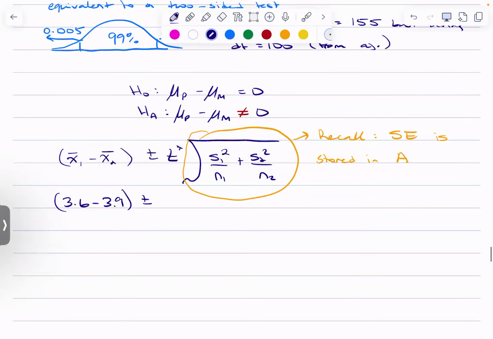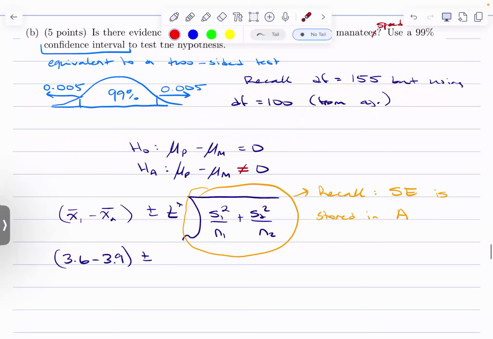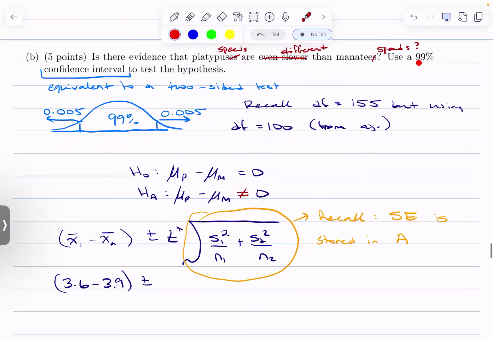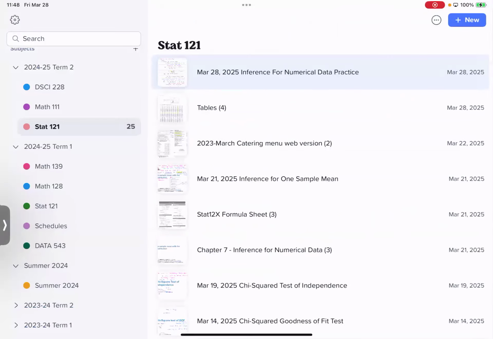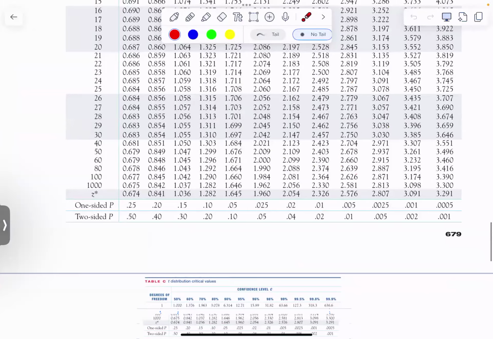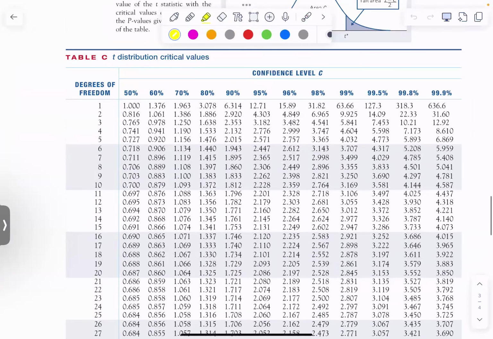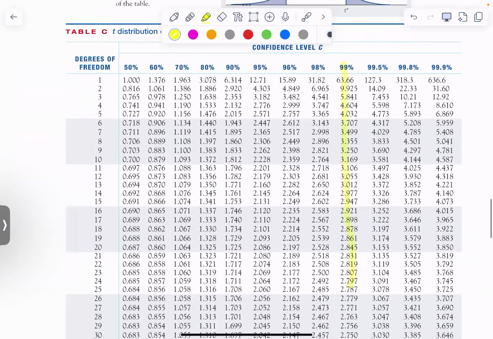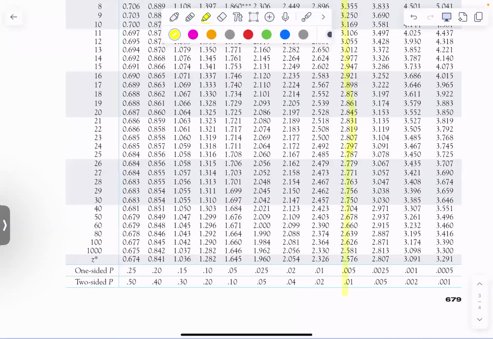Now I need my T star for a 99% confidence interval, and I'm using 100 degrees of freedom. 2.626.